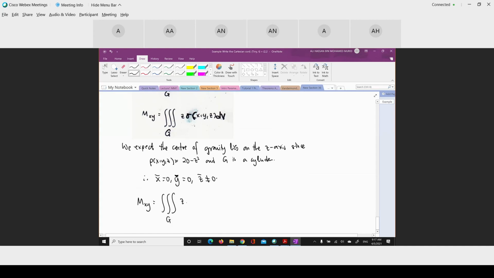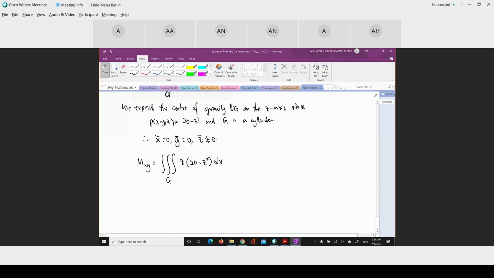Here the density function sigma is rho, 20 minus z squared, dv.